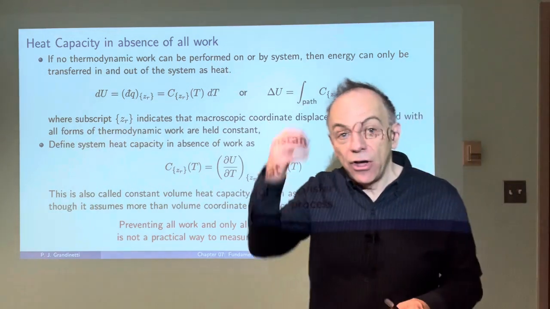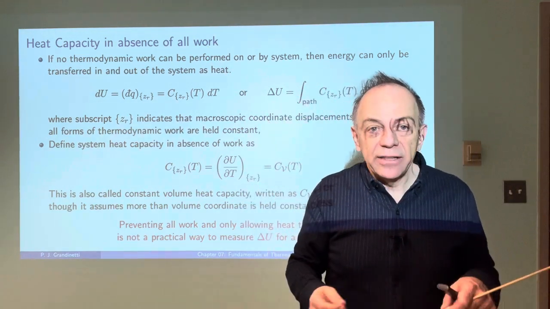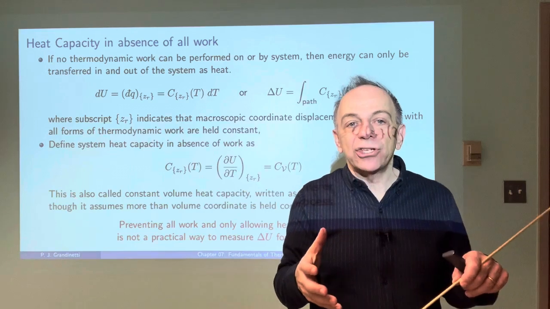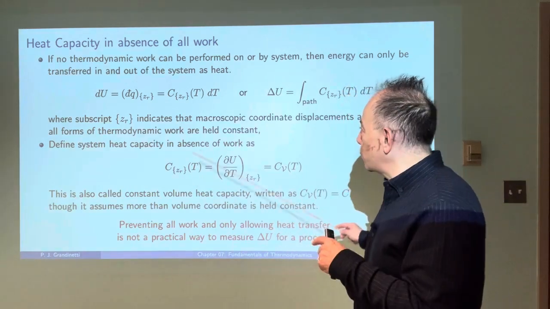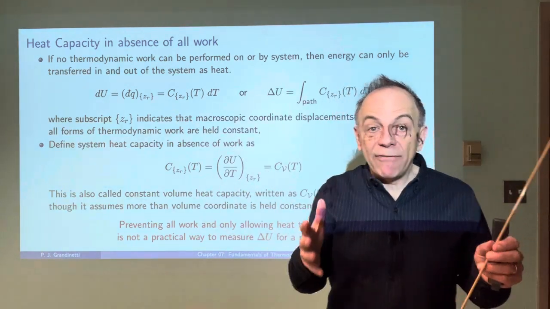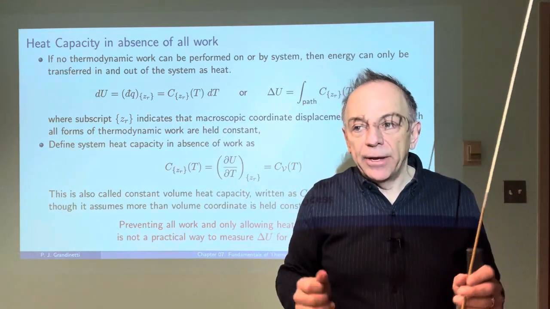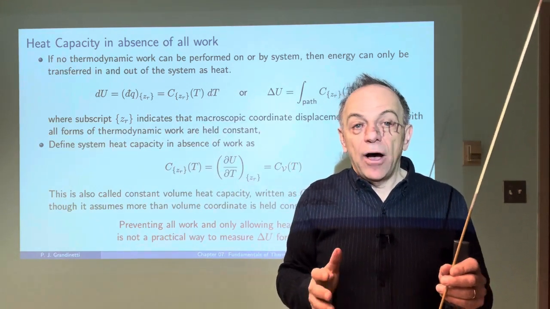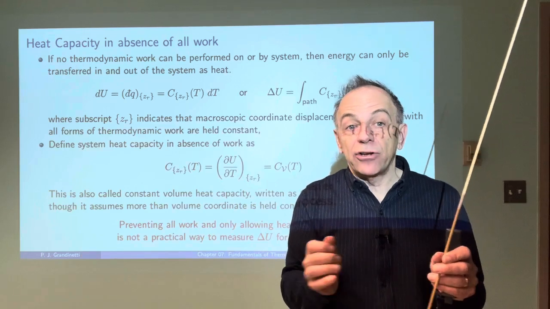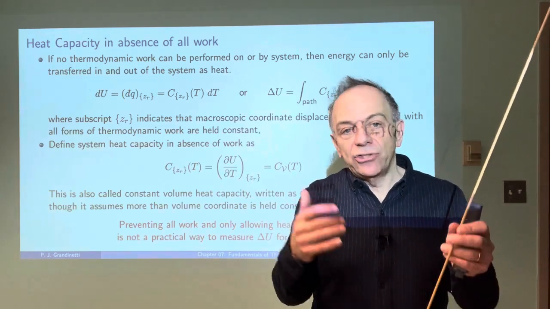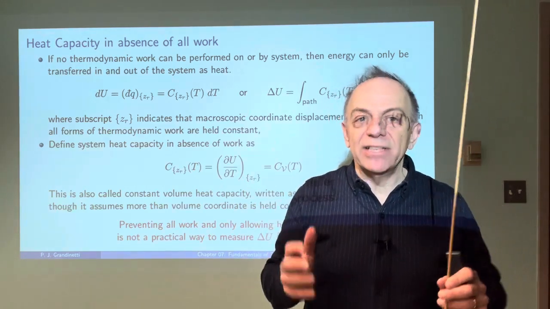And in fact, if you go into the lab and you're trying to measure the change in energy for a chemical reaction, and you want to do it this way by preventing all work, then you'd have to build a reaction vessel where the walls are rigid, so that there can be no volume expansion. So generally this is made out of some kind of really heavy stainless steel.